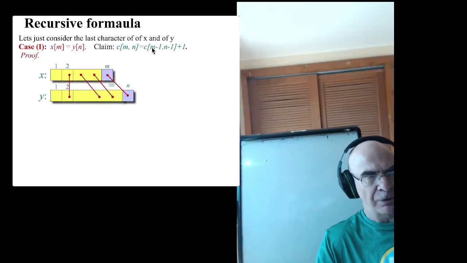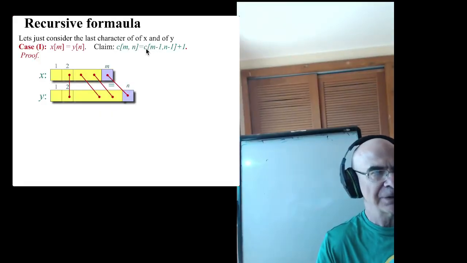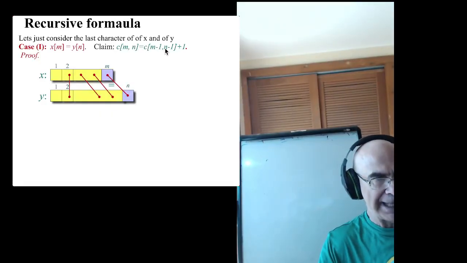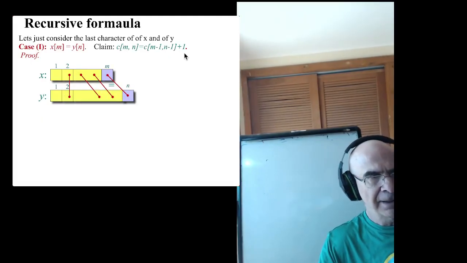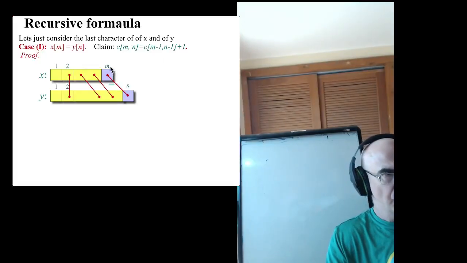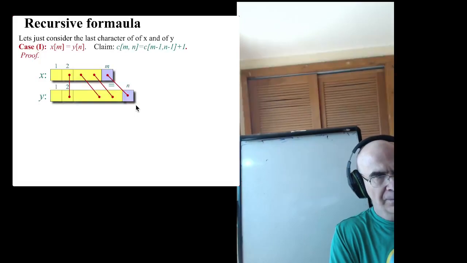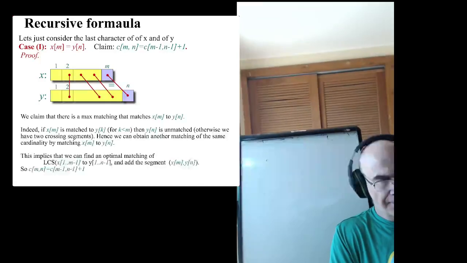We had a notation for it, C of m-1, n-1, the length of everything yellow besides the last one. That is the prefix of everything in yellow dropping the last characters, and add to it 1 because you do match the last two characters. You cannot go wrong by adding these two characters.